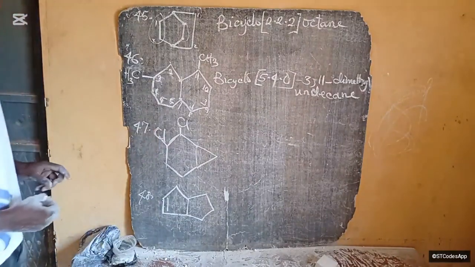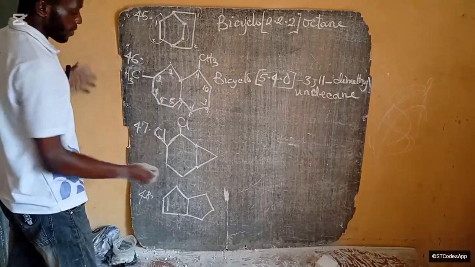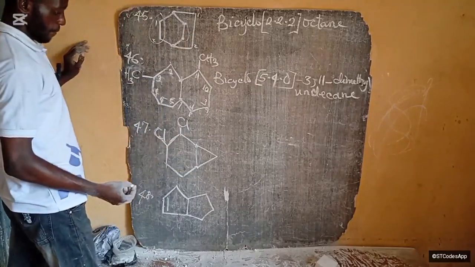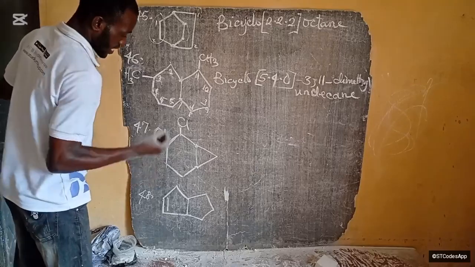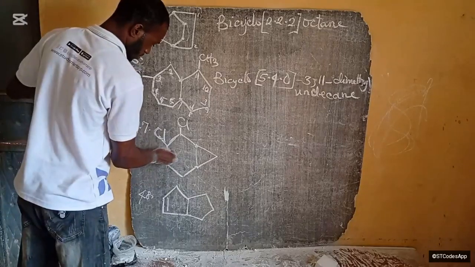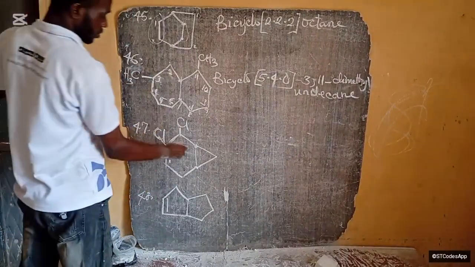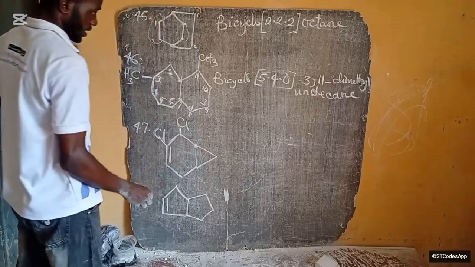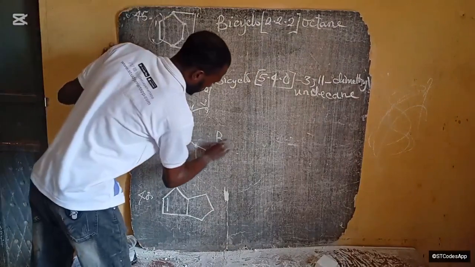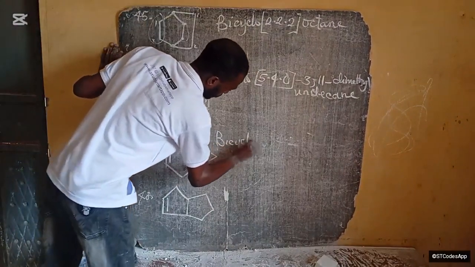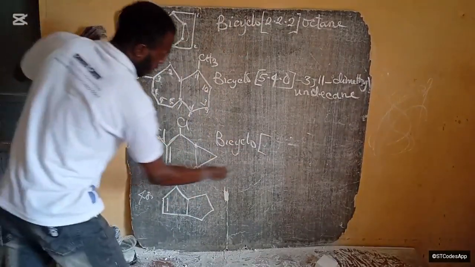Then for this guy here, we're going to have our bridgehead carbons. We go in this direction. Let's say there was a double bond here, because we obviously can name this already. So this is going to be 1, 2, first bicyclo. We're starting bicyclo, don't forget that. Here we have 1, 2, 3, 4 carbons.